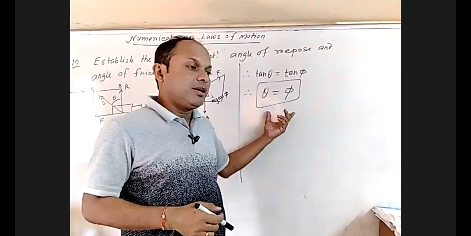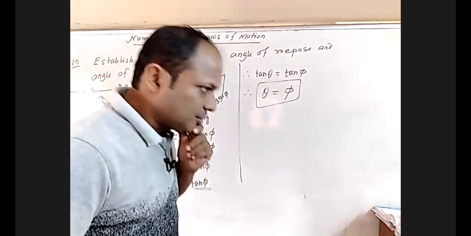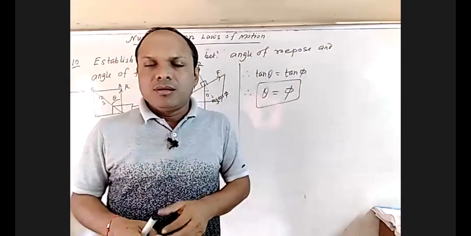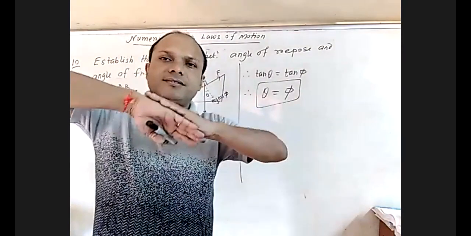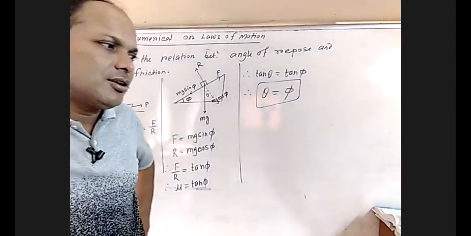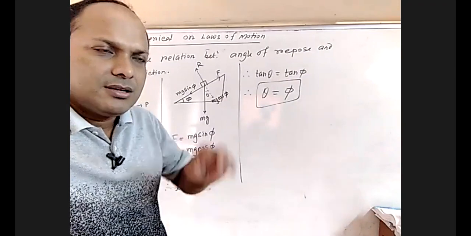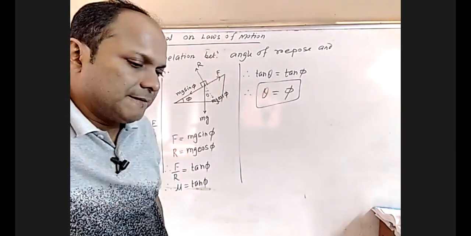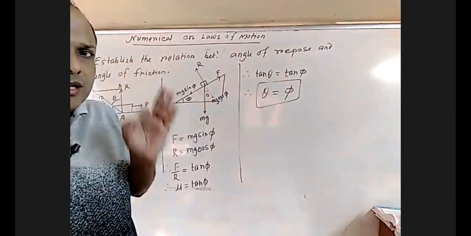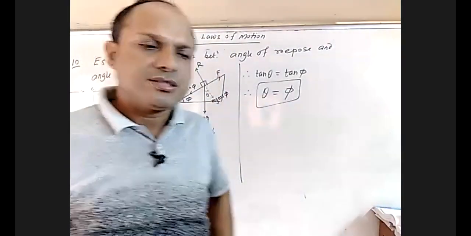Avik, Arghadeep, Ankita, if you are asked: an object is lying on an inclined plane at an angle equal to the angle of repose, and that value is 45 degrees.